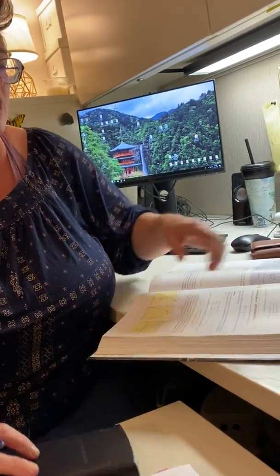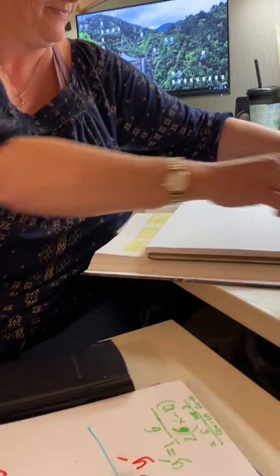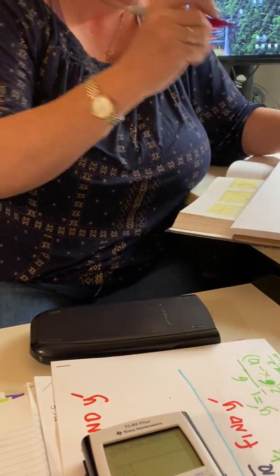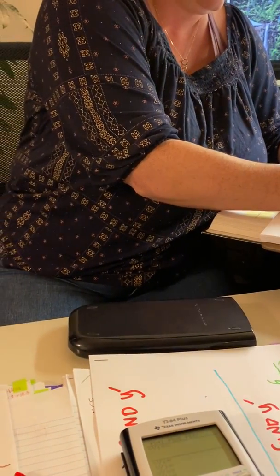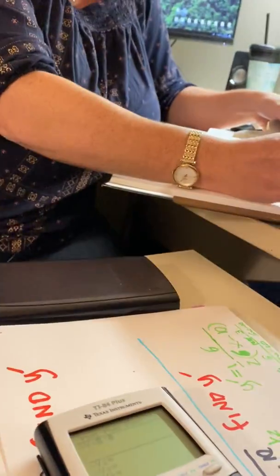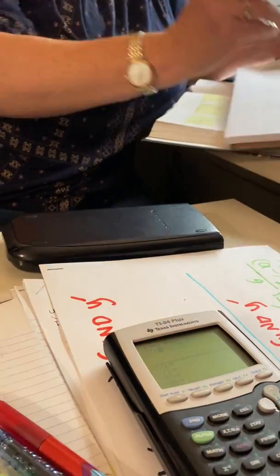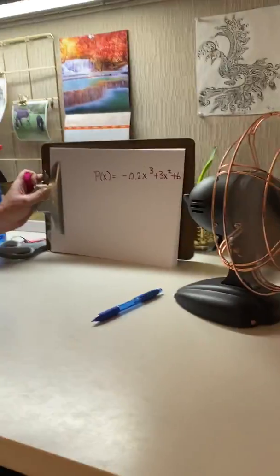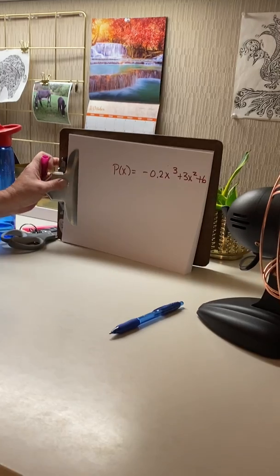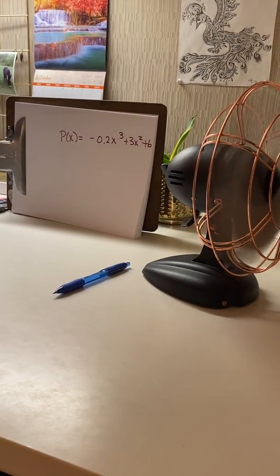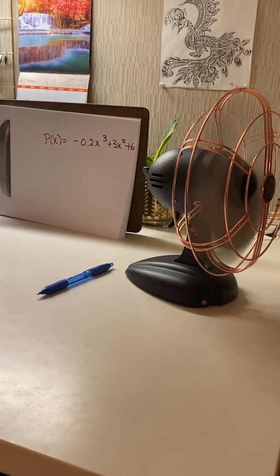Okay. So I want you guys to graph this one. P of x equals negative 0.2 x cubed plus 3x squared plus 6. I'll stand that up so everyone can see it. I want you guys to graph that.